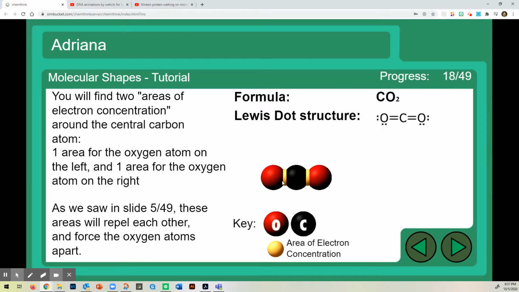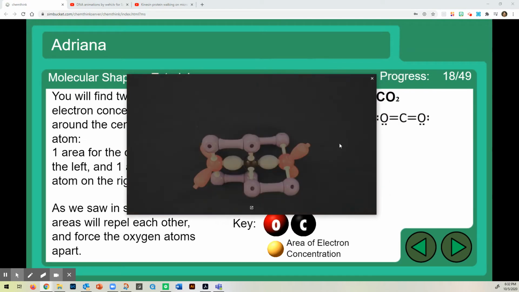And so what we can do is imagine that this carbon atom has two areas of electron concentration around it, one between each of its oxygen atoms that it's bonded to, right? One more time, if we look at it this way, it looks a lot more complex, right?